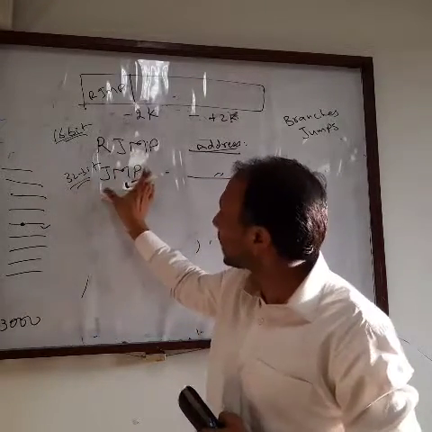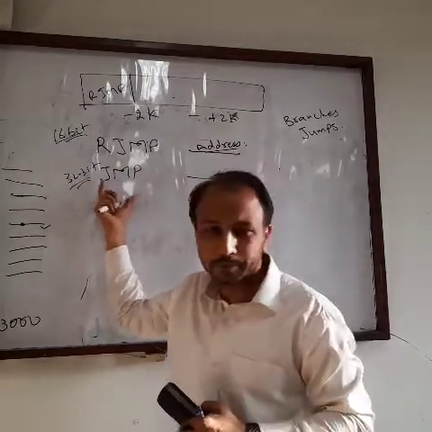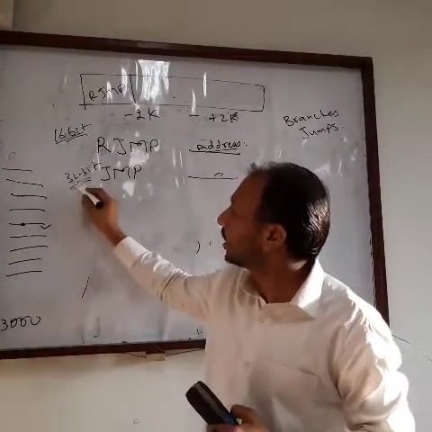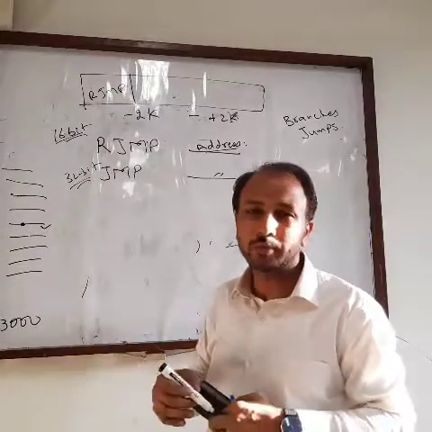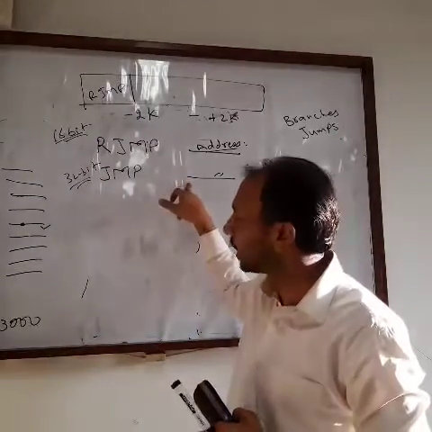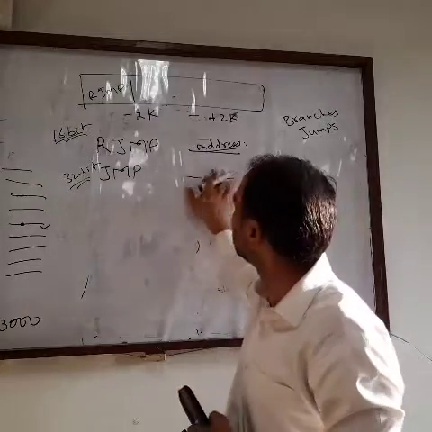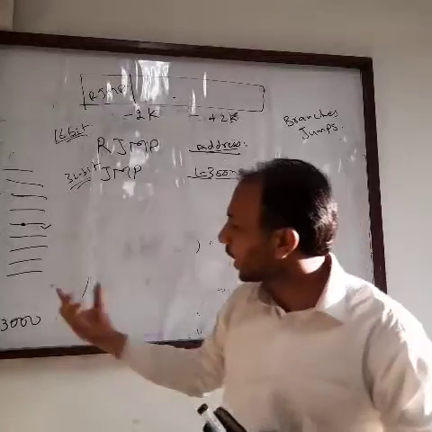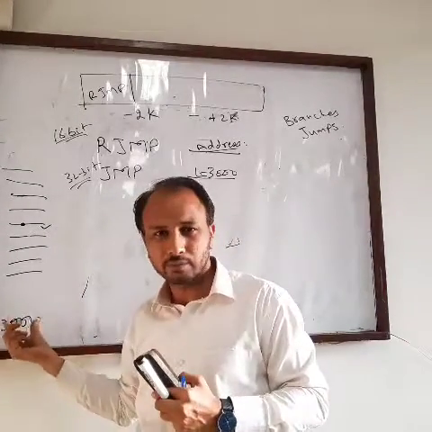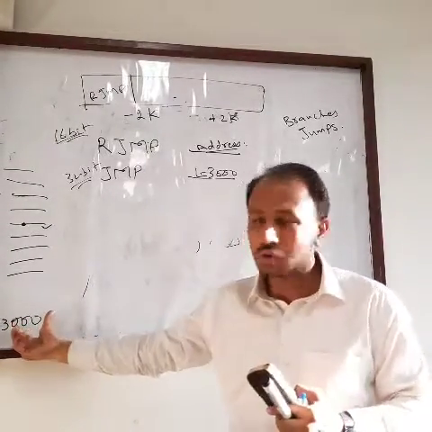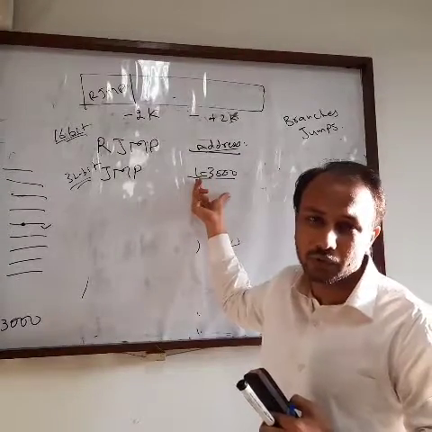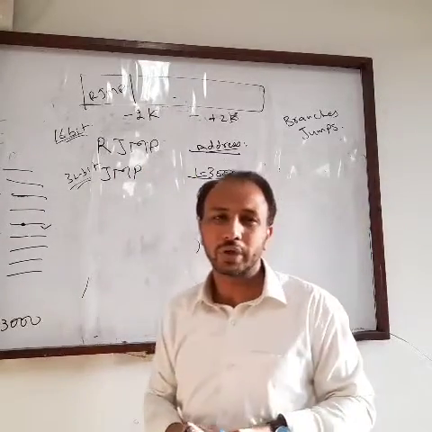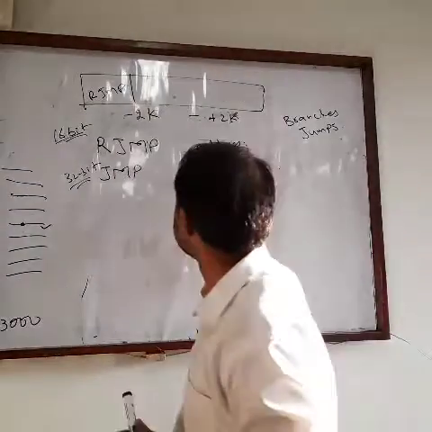Some code is used for JMP to indicate that this instruction is jump, and the remaining is for the address, where you can put the whole address, or you can give the absolute value. Jump to label 3000 means it will find the address of this instruction, that is at this moment 3000, and it will write the binary of 3000 in the code for this instruction. So this is the difference between RJMP and JMP instruction.